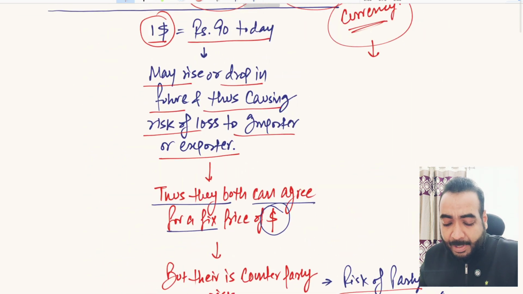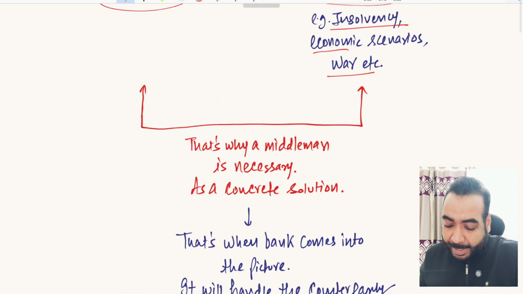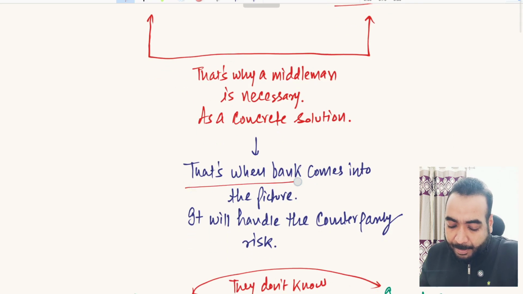Due to this, it is very important to involve a middleman between both of these parties, between the factory and the farmer, or between the importer and the exporter. The middleman should be strong enough to honor the contract, or to get the transaction sailed through to the end of the period. And that middleman is none other than the banker.